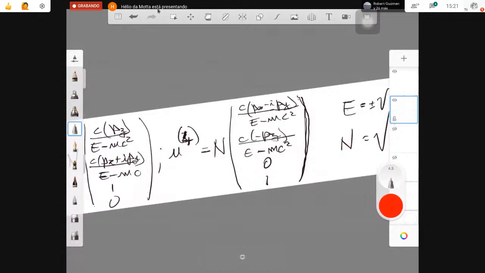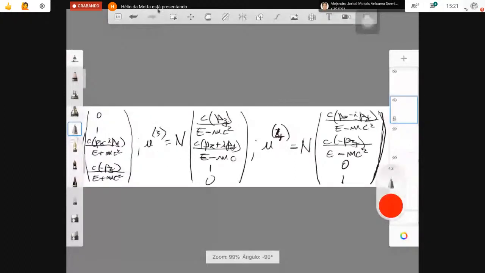So the approach is not to have a negative energy. The energy will be all positive, but they add a minus sign to all the other components, which is pretty much the same thing. We call this V, and we see tomorrow all this. But this is going to be V, and V bar.